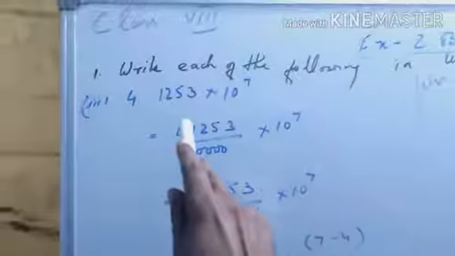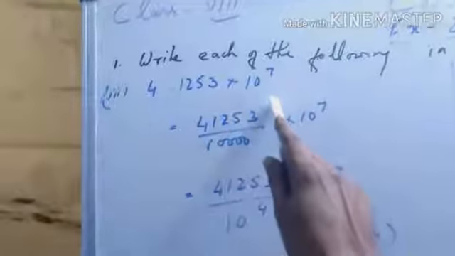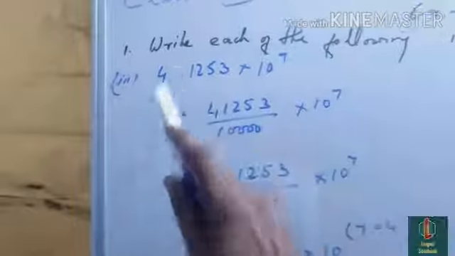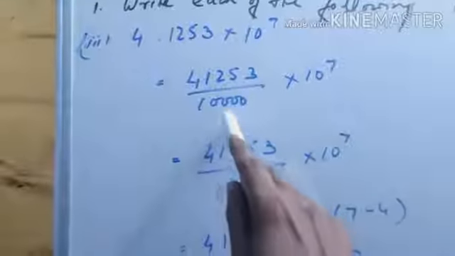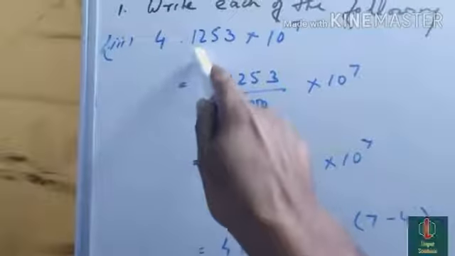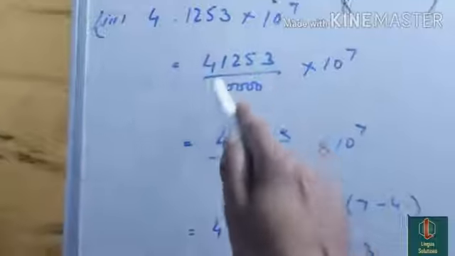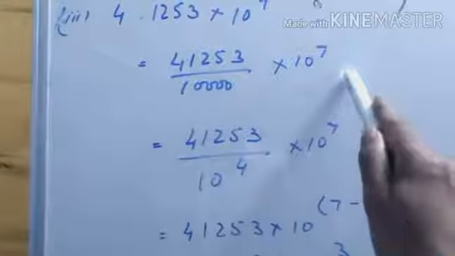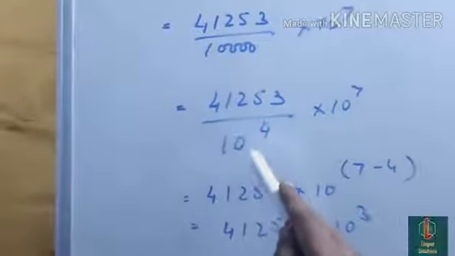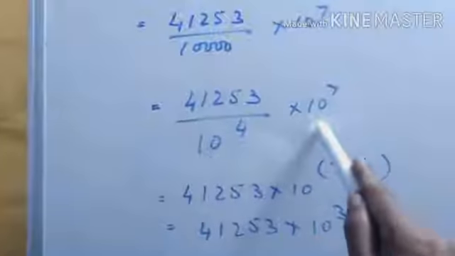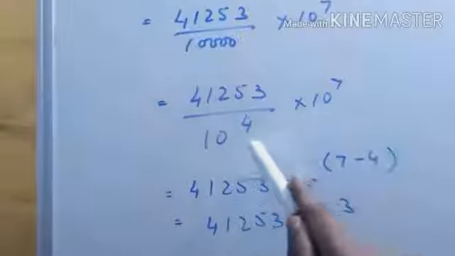Now come to the next question, that is 4.1253 into 10 to the power 7. First we will remove the decimal point. It is 41253 by 10 to the power 4, because here there are 4 digits after the point, into 10 to the power 7, which is equal to 41253 by 10 to the power 4 into 10 to the power 7.